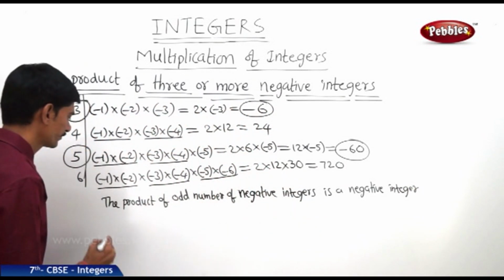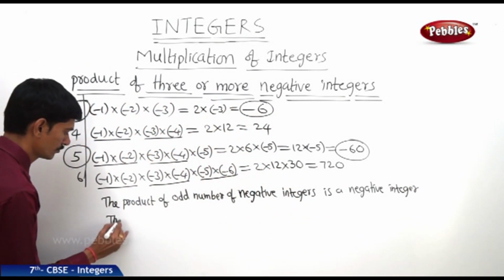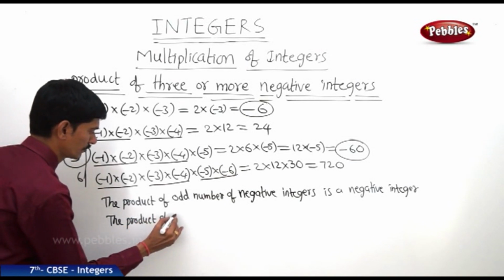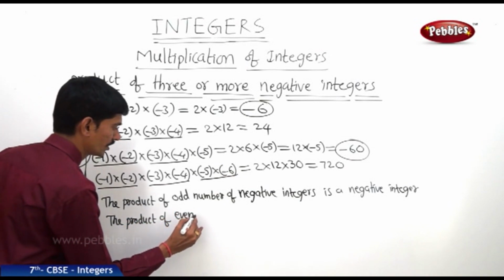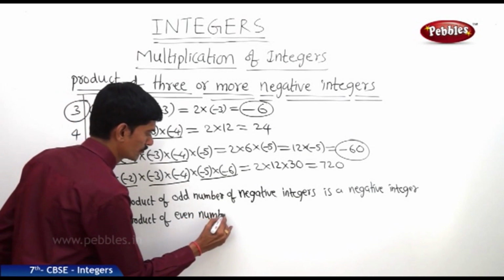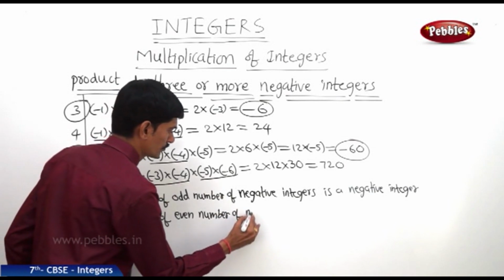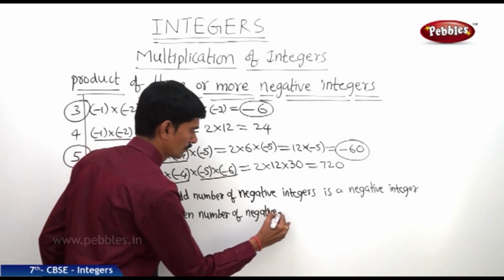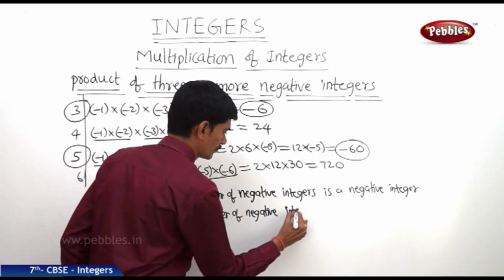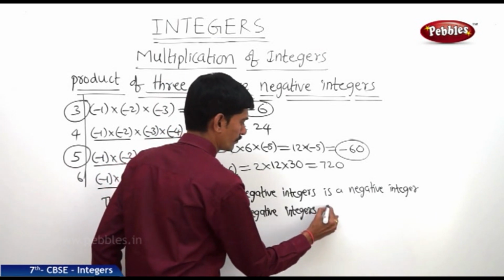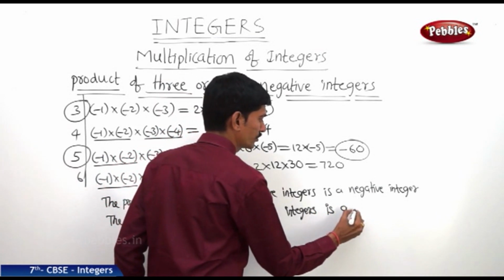Then the product of an even number of negative integers is a positive integer.